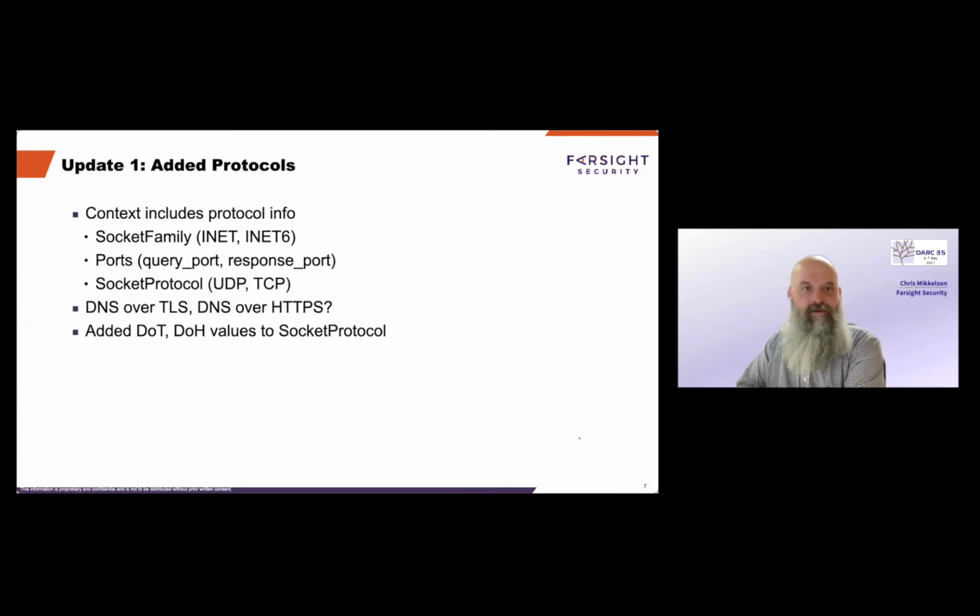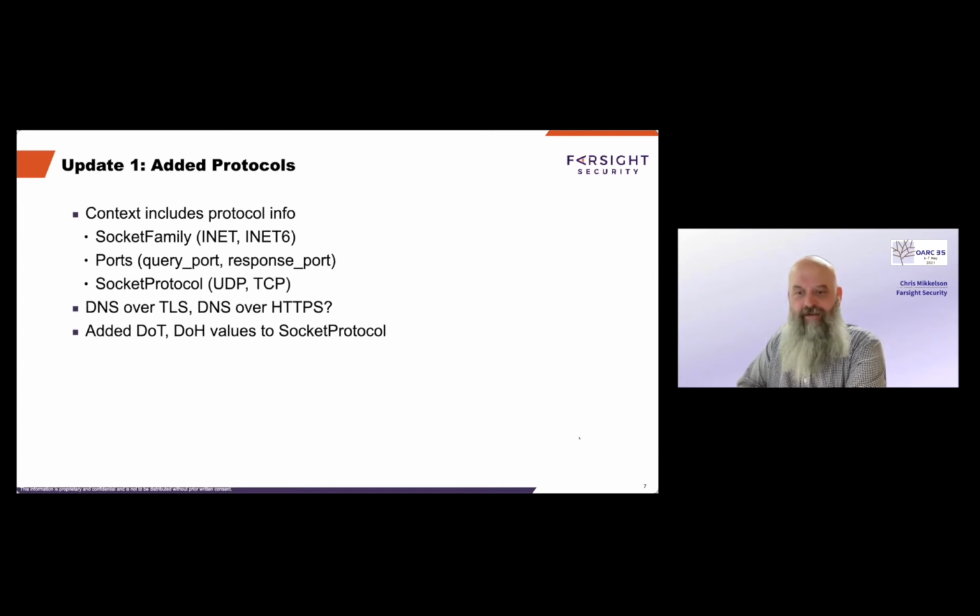This did not include DNS-over-TLS or DNS-over-HTTPS, which are coming into more wide use. And those are definitely not adequately captured by TCP, because DNS-over-TLS and DNS-over-HTTPS are quite a bit different from just plain DNS-over-TCP.